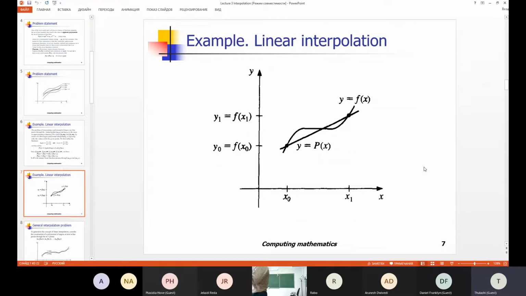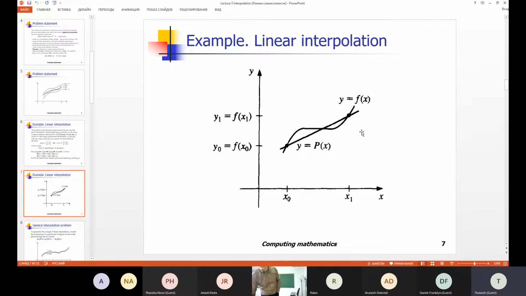This is a graphical interpretation. It's the same that I drew on the board. I also should draw the graph of the function. Something like this. Suppose that we know two points, x0 and x1, and we know the function values at these two points, y0 and y1.